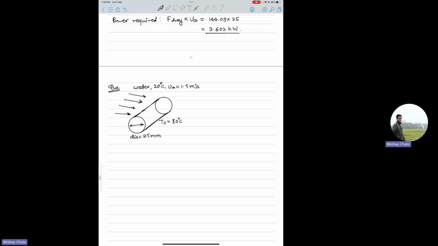Usually the properties are typically given at mean temperature. What do I mean? When water is at 20 and the surface is at 80, if you take the mean, it will be 20 plus 80, 100, by 2, 50. So the properties of water will be calculated at 50. Even properties of the cylinder, if something is required, will be calculated at mean temperature.